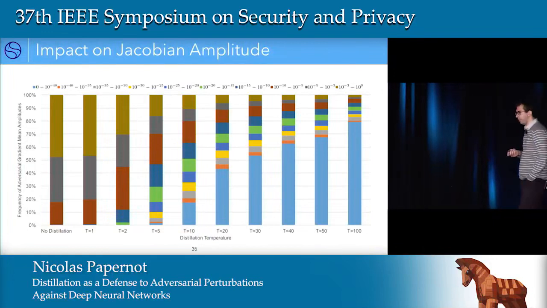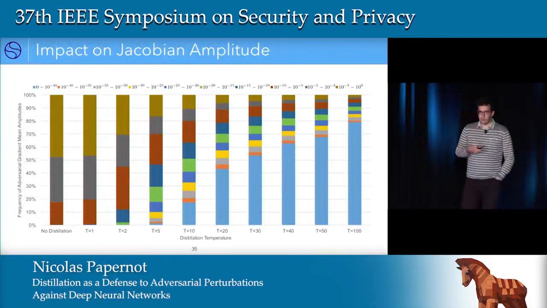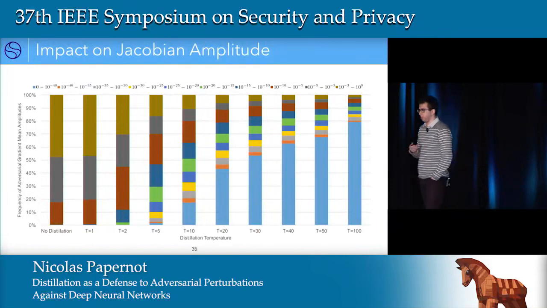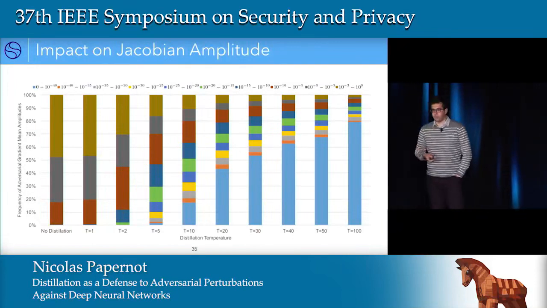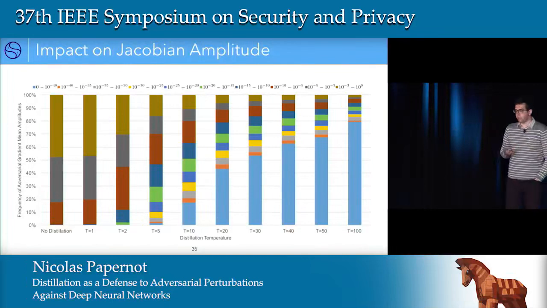You can see that initially the Jacobian amplitudes are between 10 to the minus 3 and 0. And as you gradually increase the temperature, you decrease the Jacobian amplitudes, well, actually down to 10 to the minus 40. So there is a reduction by a factor of 10 to the power 30 of the Jacobian amplitude, which effectively smooths the model's decision boundaries.